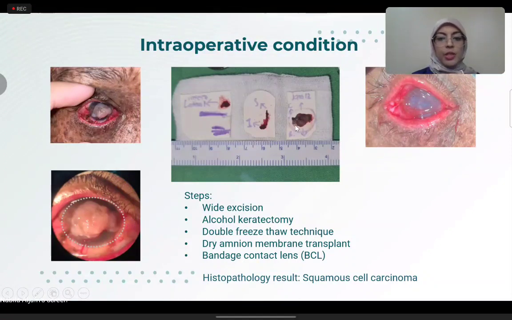And then the specimen is put onto paper and we mark several sites for histopathological examination. The cornea was given dry amnion membrane and bandage contact lens. The histopathological result showed squamous cell carcinoma.